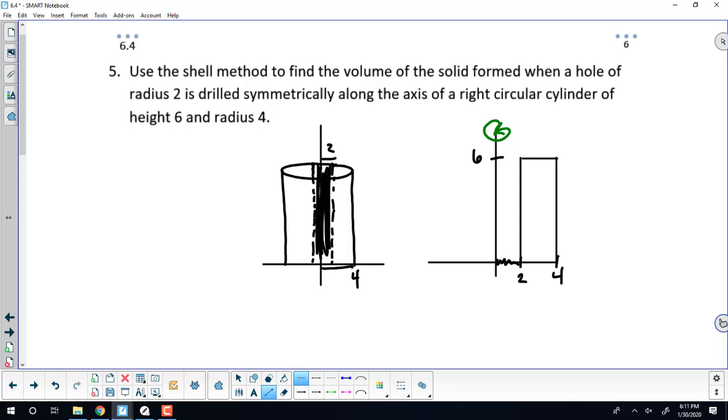We have a rectangle. If we rotate that rectangle around the y-axis, can you see in your head that it would give us a cylinder with a hole in the middle? So we've accounted for the hole by spacing out from the axis of revolution. We've got our radius that ends the rectangle at 4 and its height of 6. So all we want to do is rotate this around the y-axis.